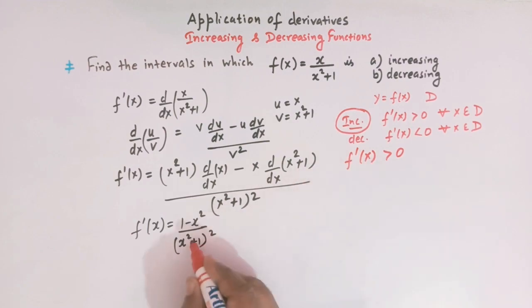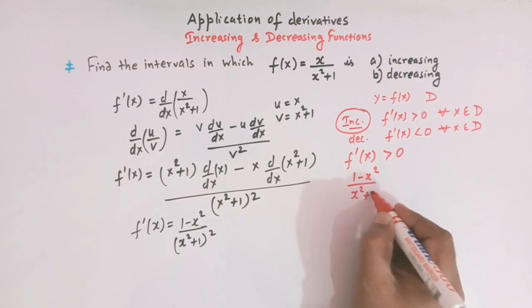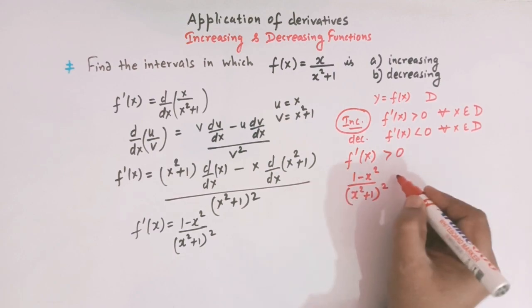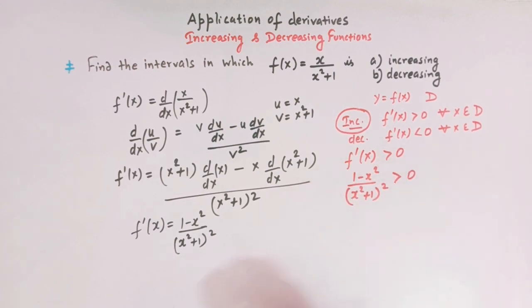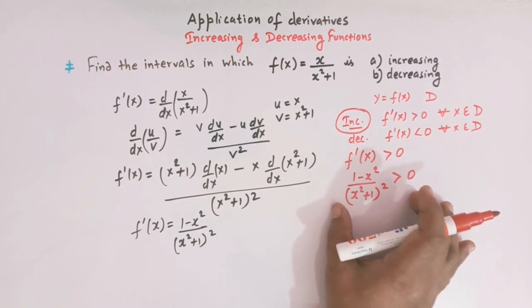So f prime of x is here 1 minus x square over x square plus 1 whole square, and this is greater than 0, right? So now here we have an inequality, and we have to solve this inequality, right?